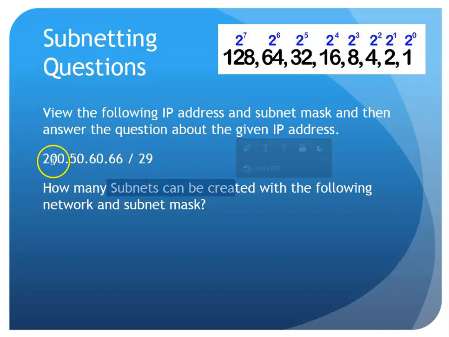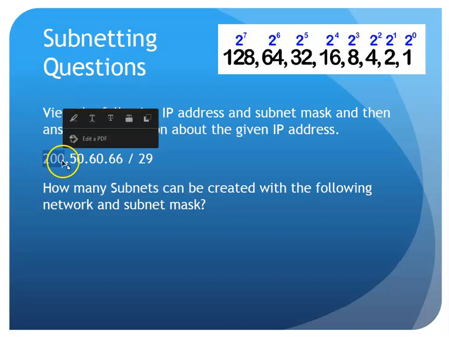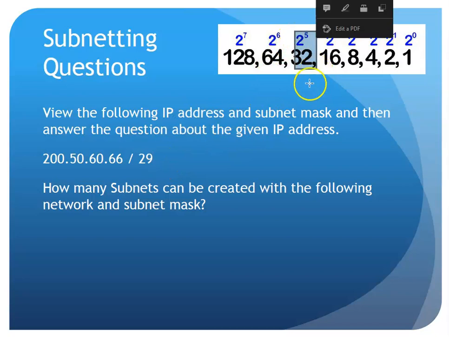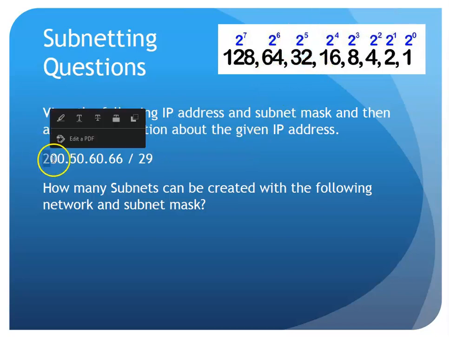If I look at it here, first I see it's a class C, so the default should be /24. I need to remember my defaults. With a /29, 5 bits were borrowed. So 5 bits borrowed, bam, 32 subnets were created. That's how you would dissect that very quickly.